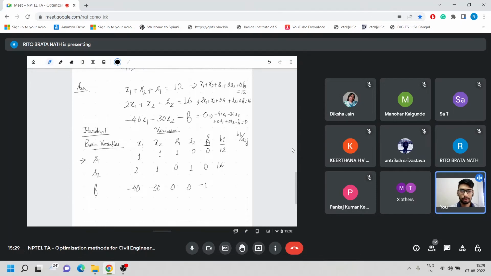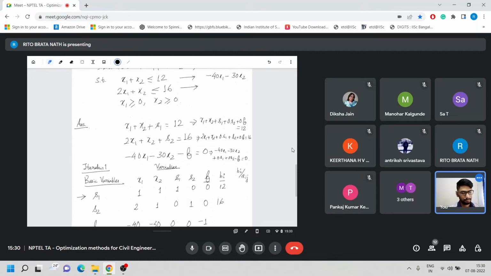You have seen the standard form, right? The constraints you have to bring into the standard form. Someone has already mentioned standard form. So what are the A coefficients, what are the X variables, and what is B in those standard form equations? Anyone?